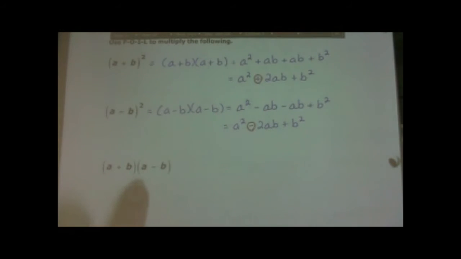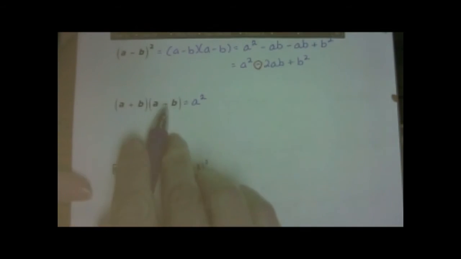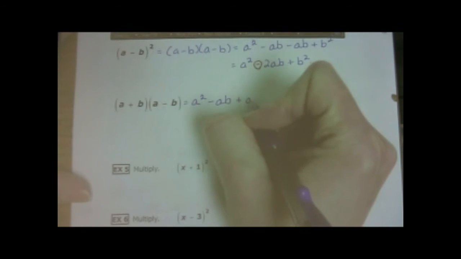Now, this is also a very interesting pattern. And the reason why is how this comes out. So let's go ahead and FOIL this one. When we do our firsts, a times a is a squared. Outers, a times negative b is minus ab. Inners, b times a is plus ab.